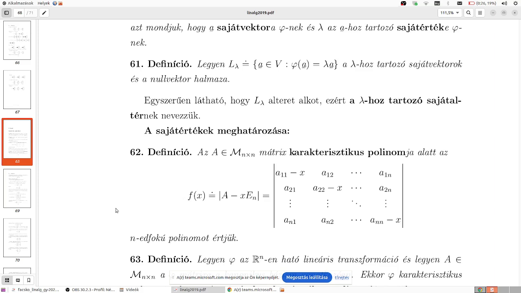So I can write this in this form. It has a meaning of everything.